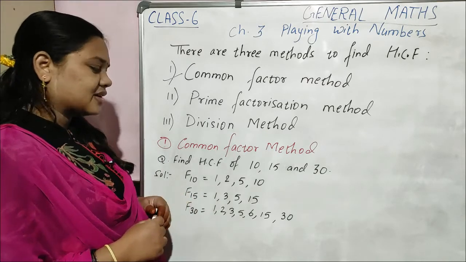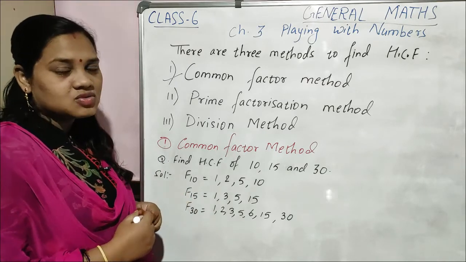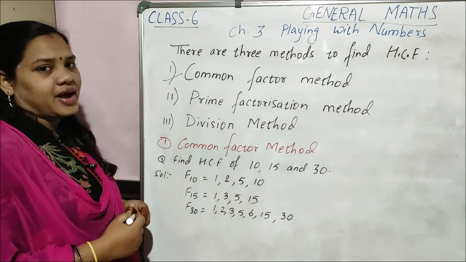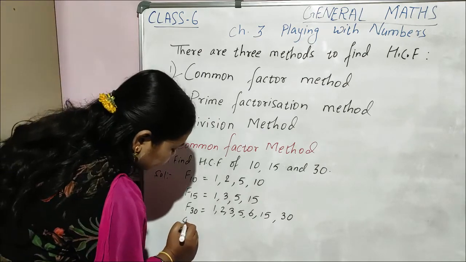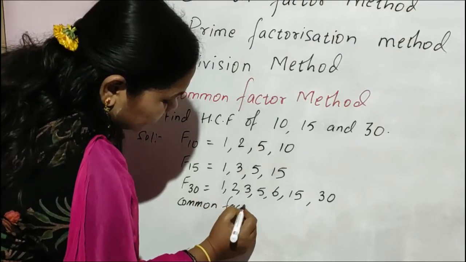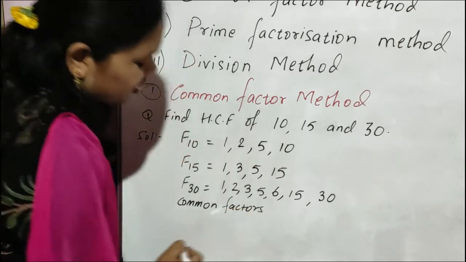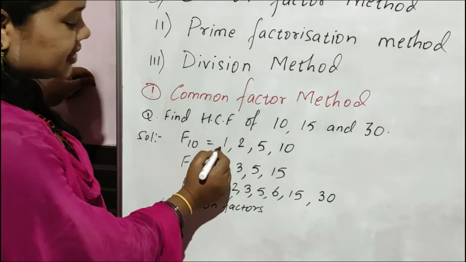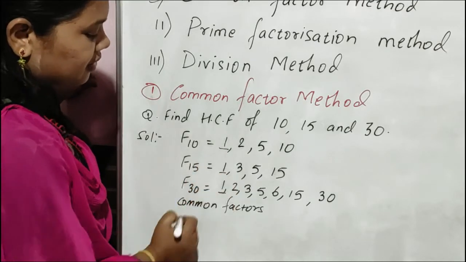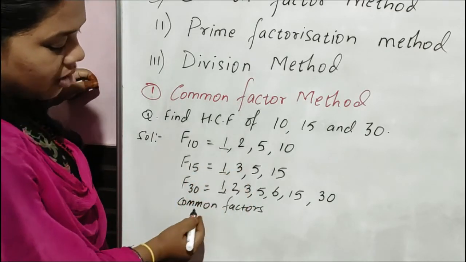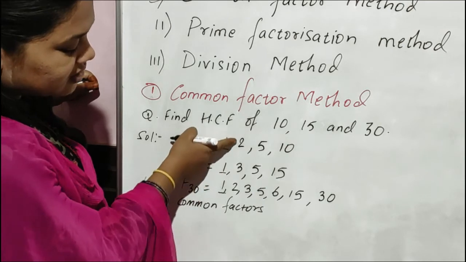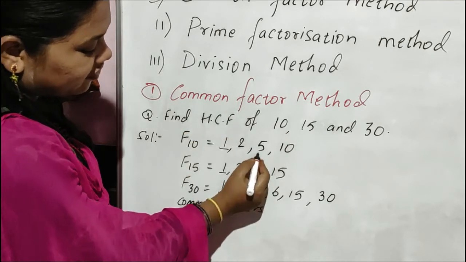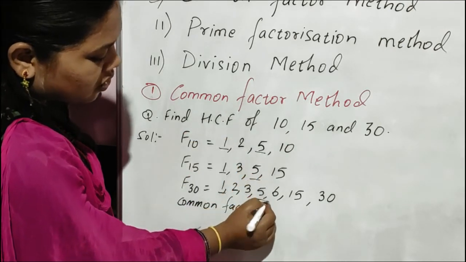So next step is what? After finding the factors of given numbers, next step is find the common factors. In these factors, which are common to all? 1 is common to all. Then which is common to all? You can see 5 is common to all.